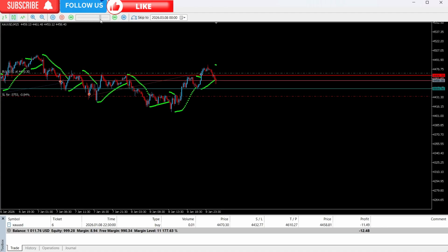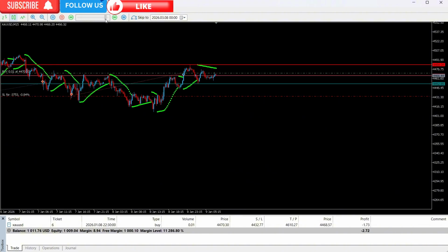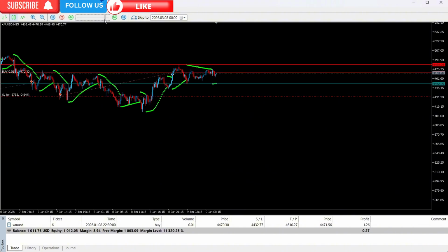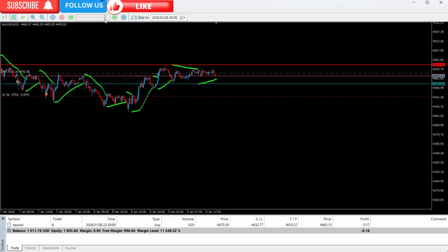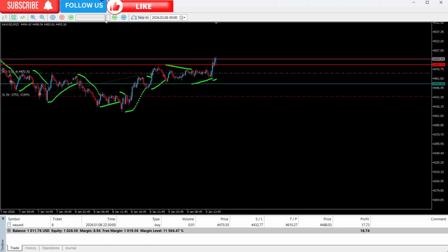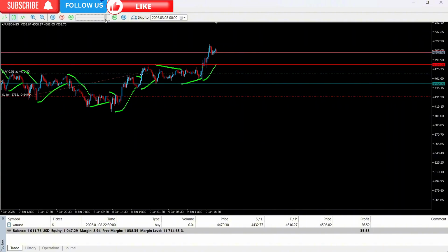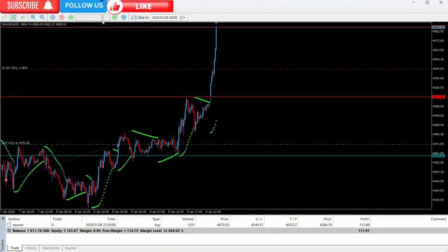And there we go, we get stopped out, but then at the same time we get put into a breakout to the upside. And you'll see this breakout works quite nicely. You can see price is pushing up. The trailing stop will be activated soon. There we go.